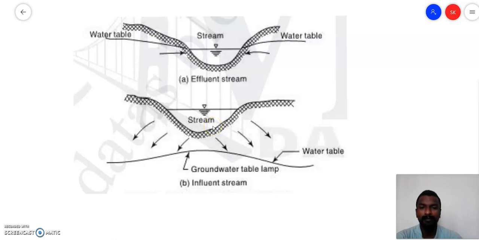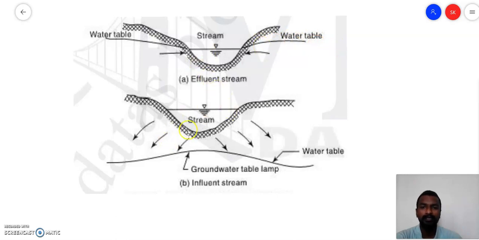Because the water table level is lower than the surface water level of this stream, water flows from high head towards low head. So from this stream it flows towards the water table or the ground. In the other case, the water table level is high compared to the stream level, so there is a continuous supply of water. It is called an effluent stream.